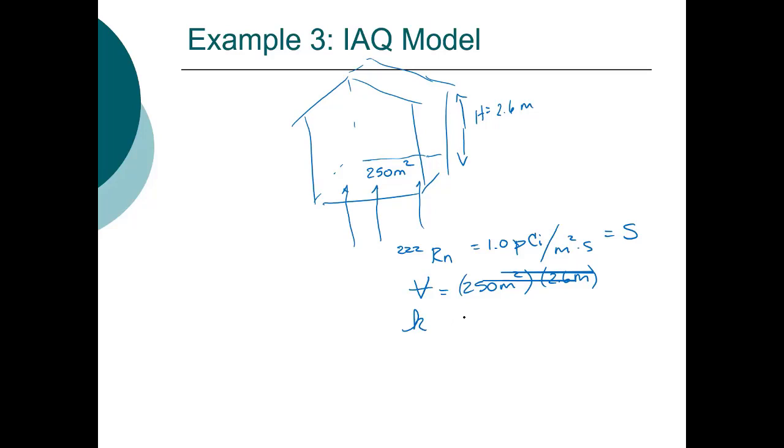K is equal to 7.6 times 10 to the minus 3 inverse hours. C sub A is equal to, what is C sub A equal to? 0. I is equal to 0.9 inverse hours. And we're asked for the steady state concentration.